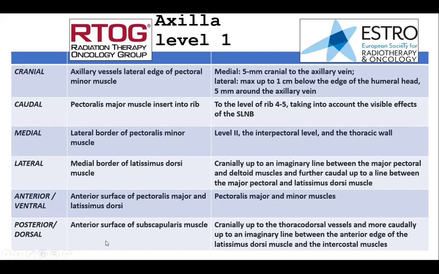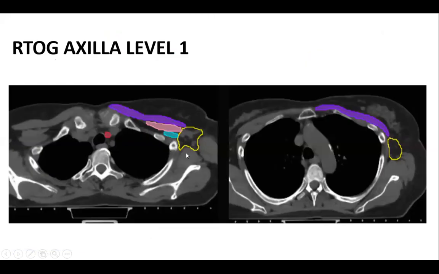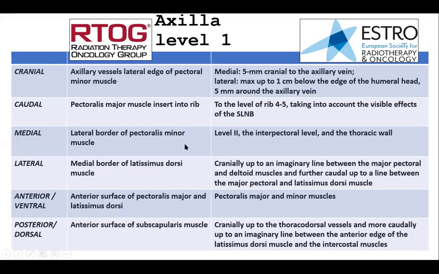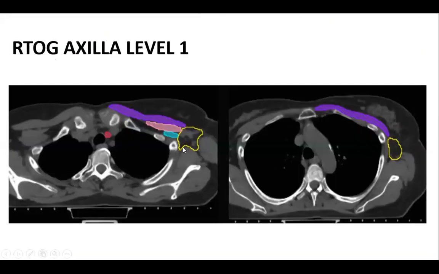Coming to the posterior border, again here lies a small difference. Here we will take the anterior surface of the subscapularis muscle in RTOG. So here we can see this is the subscapularis muscle, and we will take our ventral or anterior border at this point. So this is our boundary.